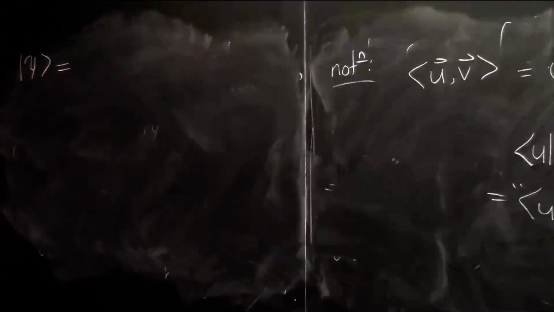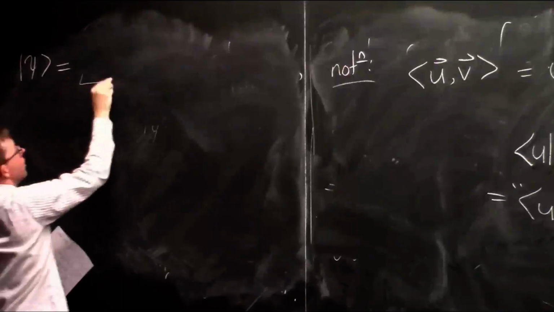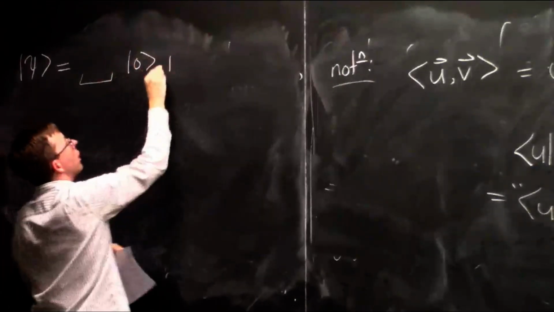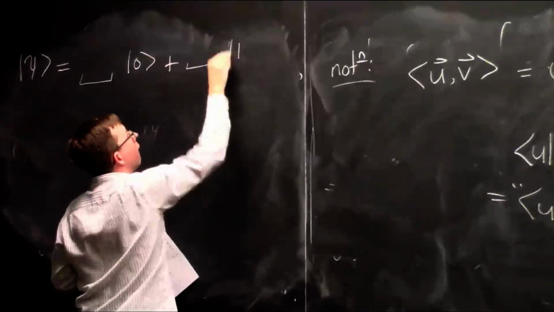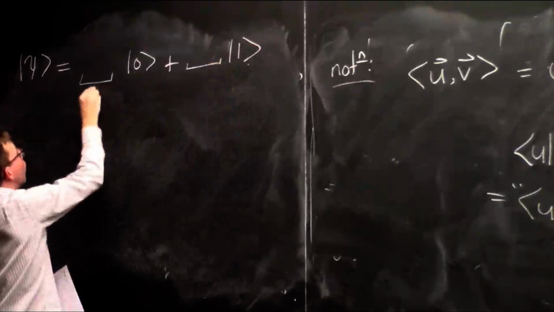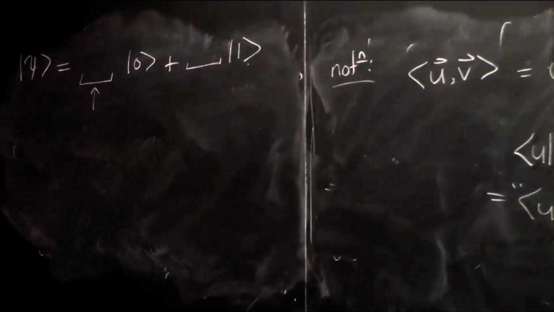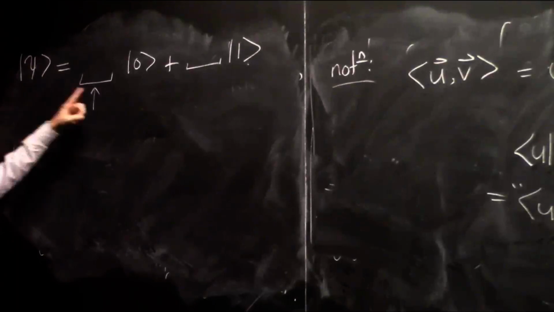What if I just say you have some qubit psi, and you want to write it as some amount on 0 plus some amount on 1? What is this some amount? Well, it's the inner product of psi with 0, right?